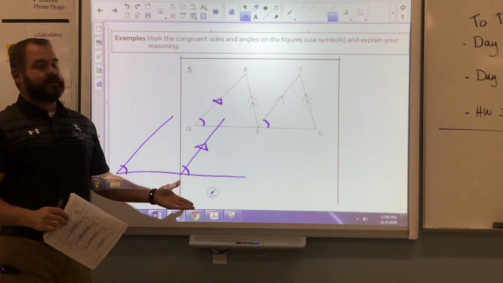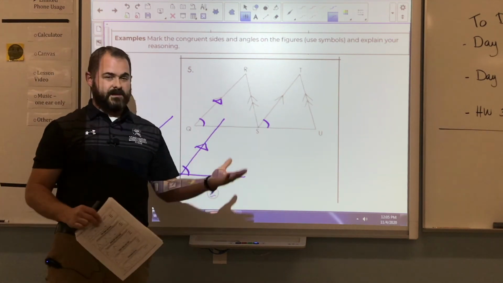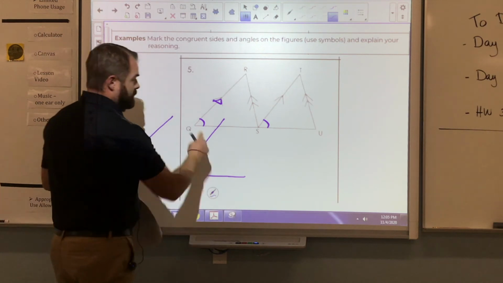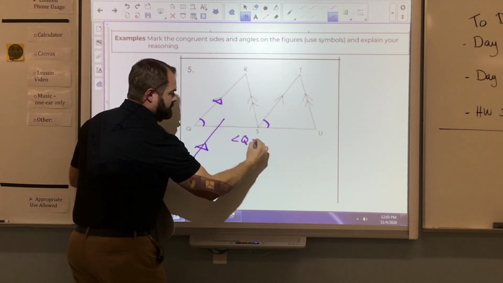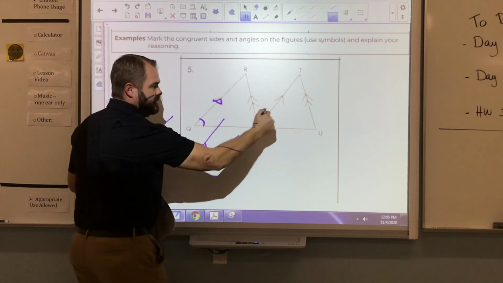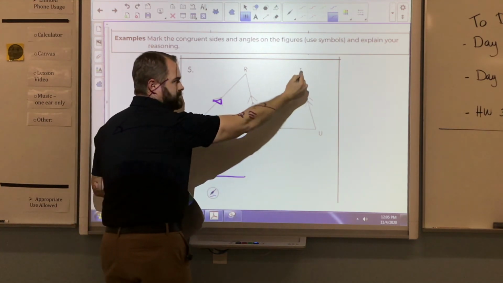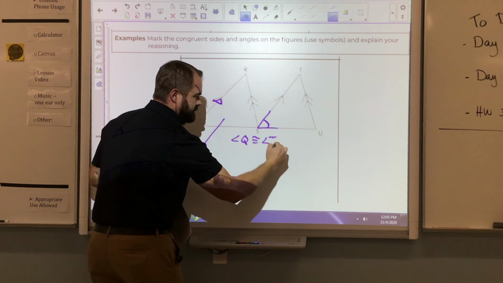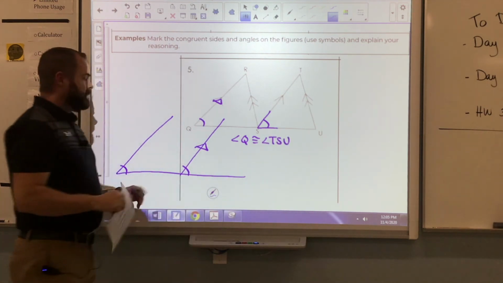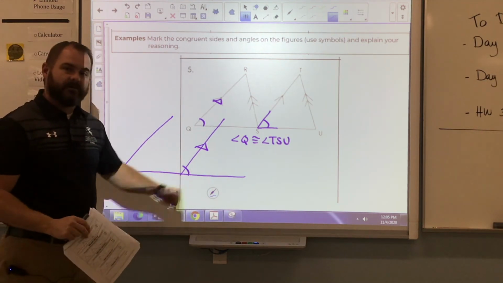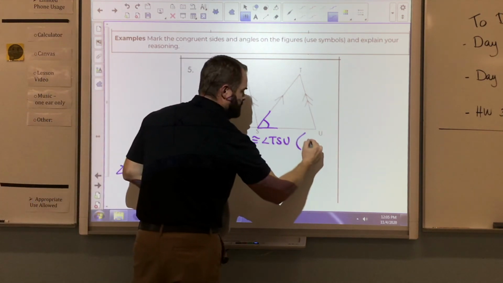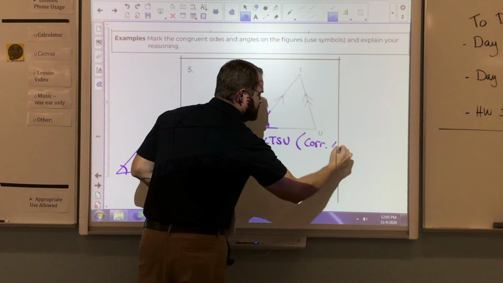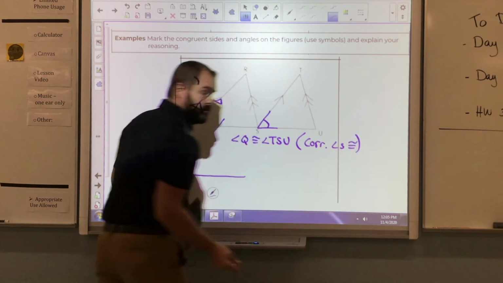Again, I can't just call it angle S. There's 1, 2, 3 different angles I could use for angle S. So this angle Q is congruent to this angle S, which I could call angle TSU, because those are corresponding angles using these parallel lines. So my reasoning would be corresponding angles are congruent.